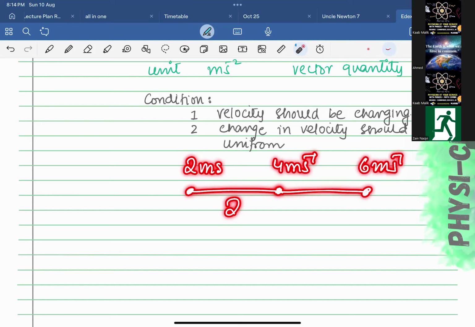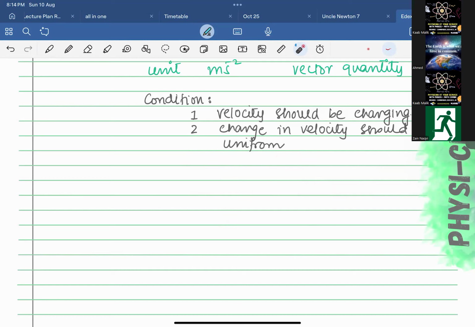So this is the meaning of uniform change in velocity, not uniform velocity. Be careful. If you try to find the difference between two different points in velocity, you'll find the difference constant. That's the concept. Is it clear? Any problem?